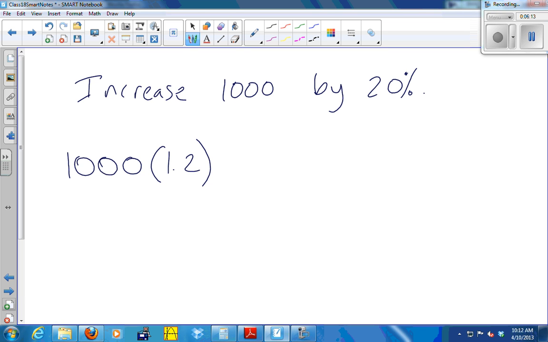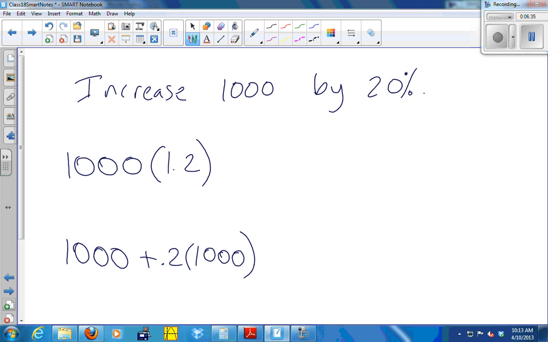So another way you can do it is you can say, well, I have 1,000, and I'm going to add 20% of 1,000. That's kind of a nice way to do it in your head, right? Well, 20% of 1,000 we can do in our heads. How would you get that in your head? Move the decimal place.